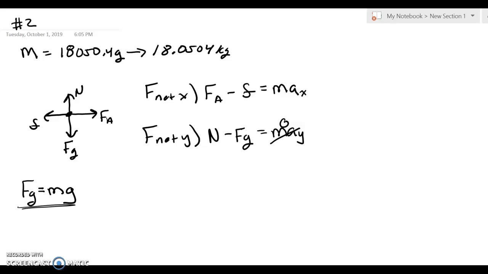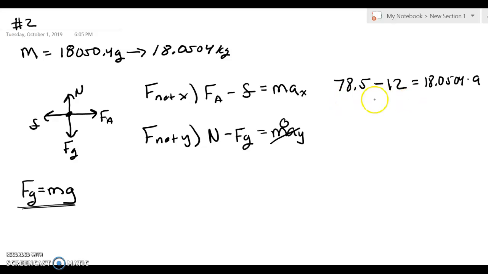Notice I don't put any numbers in before I'm ready to start solving. This way, when you're given problems that don't have numbers, you are used to writing out variables first. The applied force was 78.5. The frictional force was 12. The mass is 18.0504 times acceleration.